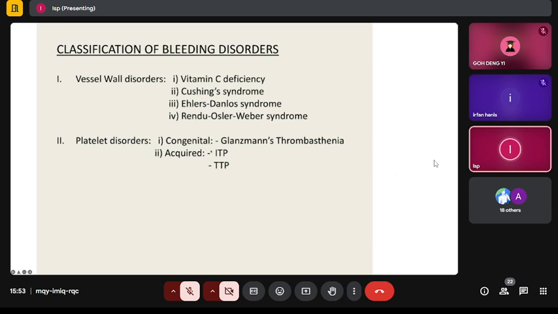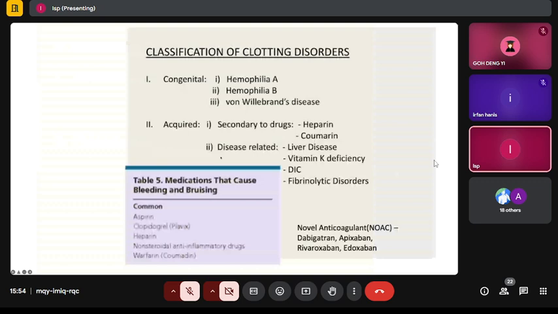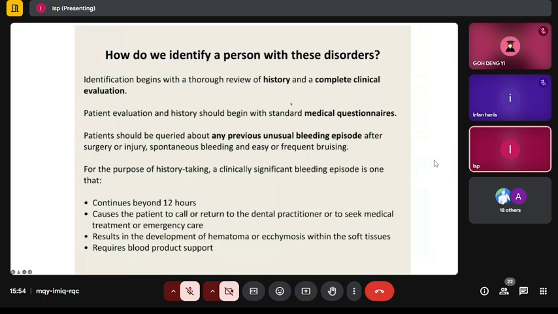The acquired causes commonly seen here can be due to ITP and also TTP. We will talk in detail in a while. Then for coagulation factor deficiency, hemophilia A, hemophilia B, and also von Willebrand disease. So how do you know someone has bleeding disorder?